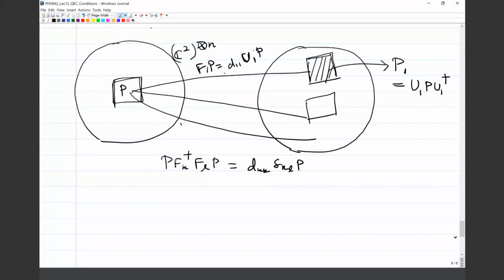That is what the error correction conditions guarantee. So the action of the error F1 on the code space is like the action of a unitary U1 on the code space, up to some weight d11. When I take any projection operator and conjugate it with a unitary like this, what I get again is a projector, because it squares to itself.